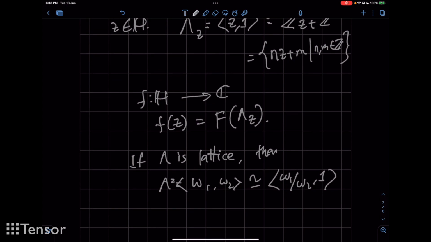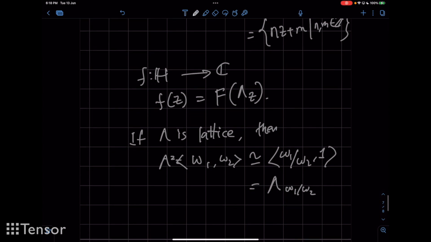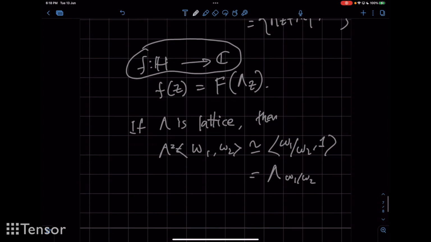As usual, we are assuming that this ratio omega 1 by omega 2 is in the upper half plane, and this is basically equal to lambda sub omega 1 by omega 2. And from that I can recover capital F, that is, capital F of lambda is equal to capital F of omega 2 times lambda sub omega 1 by omega 2.